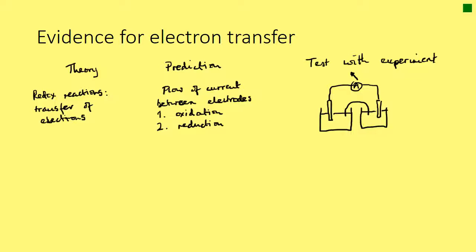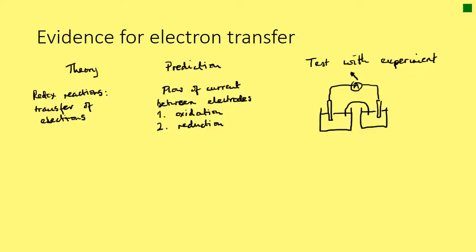Okay, so if we've got a theory, then we could make a prediction from that theory. You could predict that a current will flow between the electrodes of an electrochemical cell. And if an oxidation reaction happens at one electrode and a reduction reaction happens at the other electrode, then you might get a flow of current.